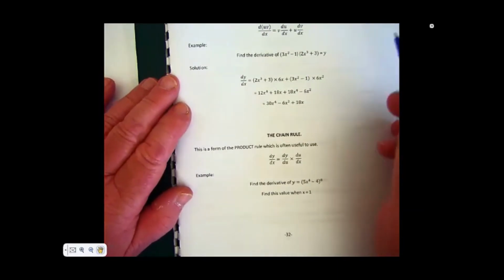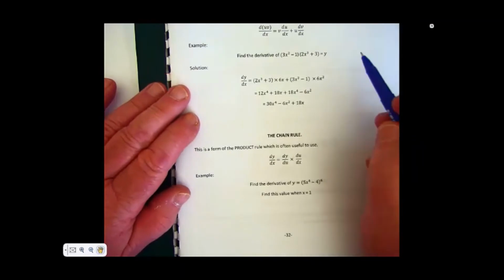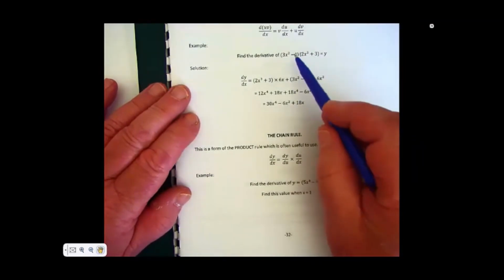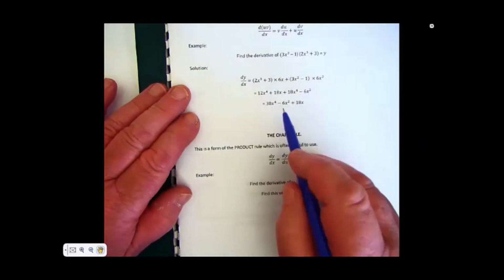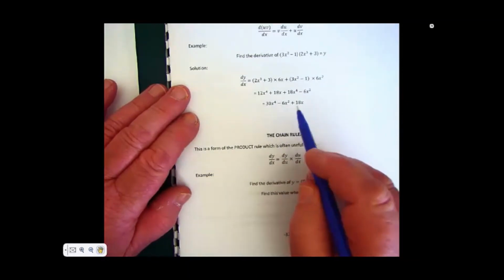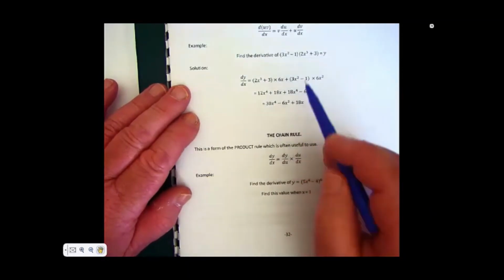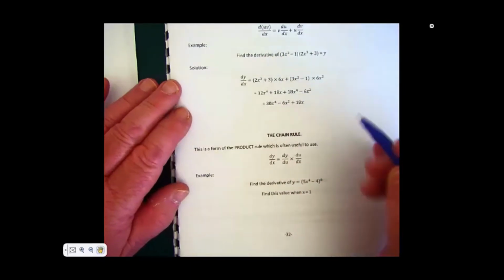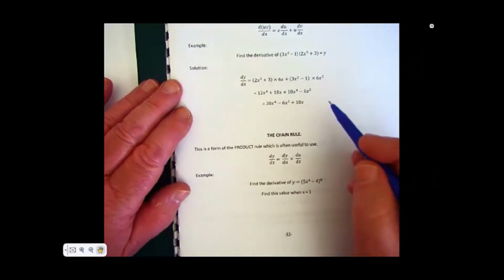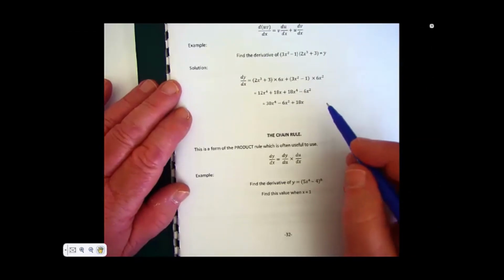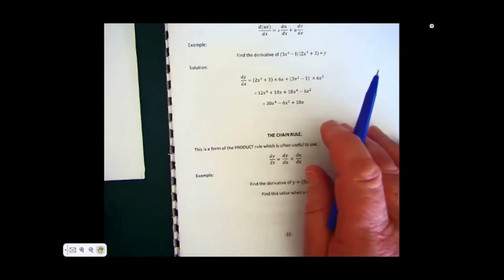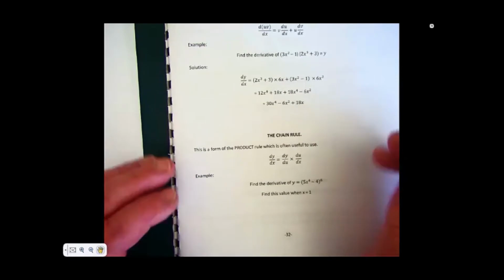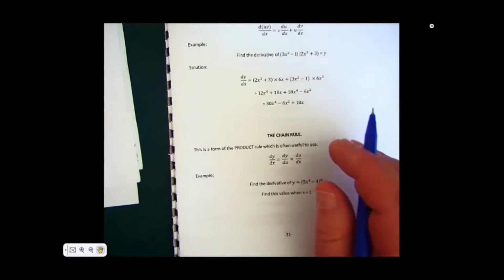I'll leave that as an exercise for you to try, to expand this out, differentiate it, and see if you get the same answer as this one. Of course you should, but this is a lot easier to use because the product rule is designed to simplify the working. There are some problems that become a lot more complicated than this, and so the product rule is in fact quite useful.